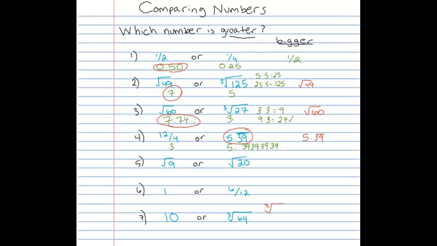If I know that the cubed root of 27 is 3, and the cubed root of 125, as we just did earlier, is 5, what do you think the cubed root of 64 is?